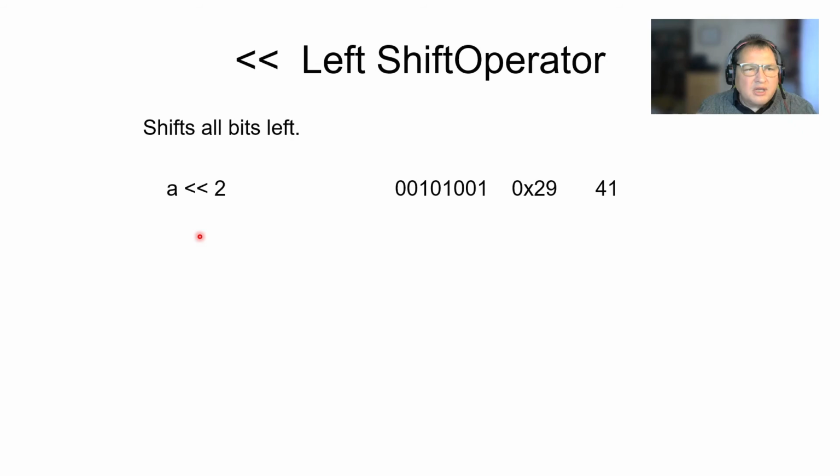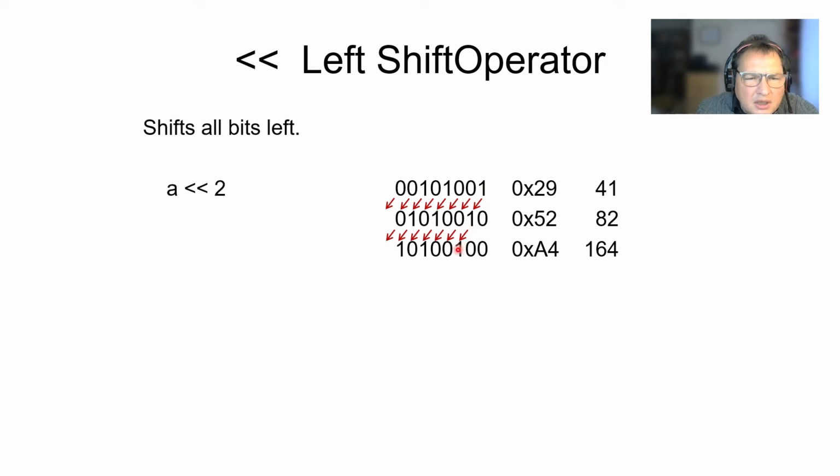name says. So it takes all the bits of a binary representation of a number, for example, this number, and shifts all these bits to the left. Okay, so that's shift by one position. For example, this one goes to here. And then because it is a shift by two positions, it does it again.